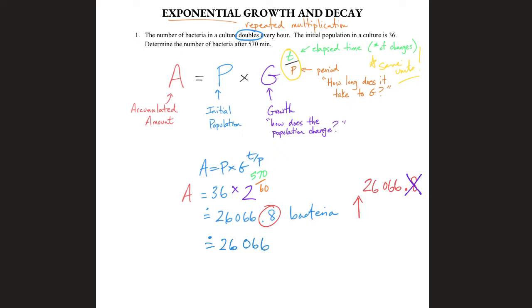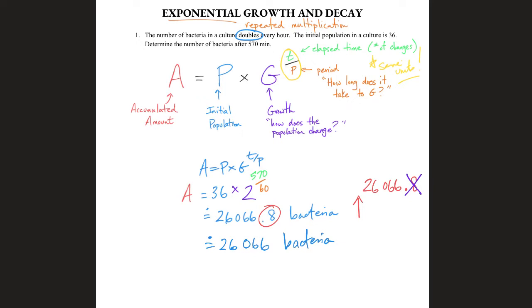So even though our rounding rules say that 0.5 and above means we round up, practically that 67th bacteria could never be created because the 0.8 of a bacteria could never be created. And so we're forced to round down. Your final answer in this case is 26,066 bacteria.